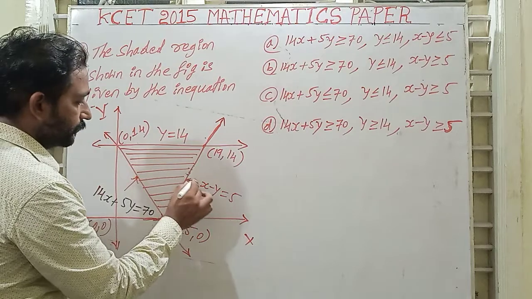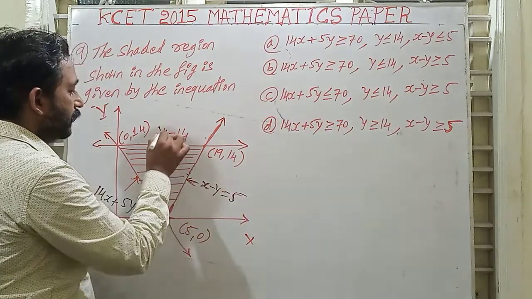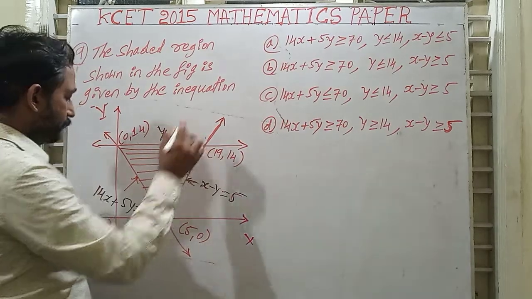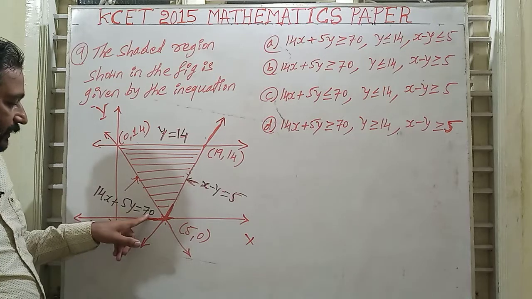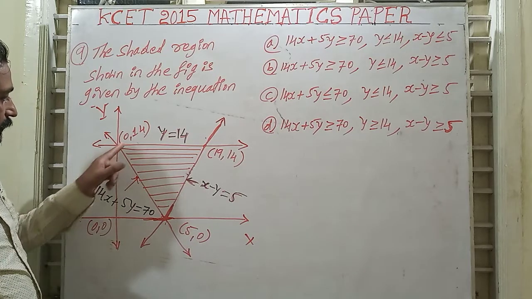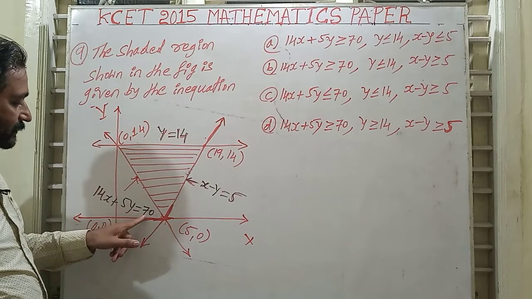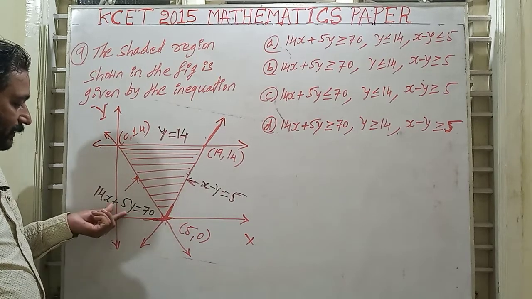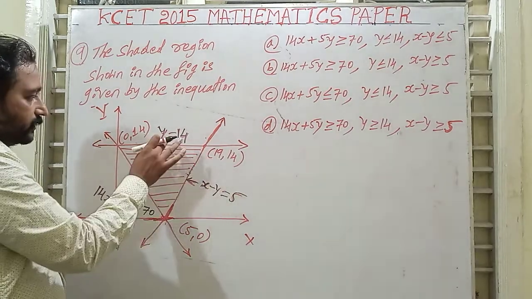Put x is equal to 5, y is equal to 0, we get 70. Here x is equal to 0, y is equal to 14, we get 70. So this line is passing through these 2 points.